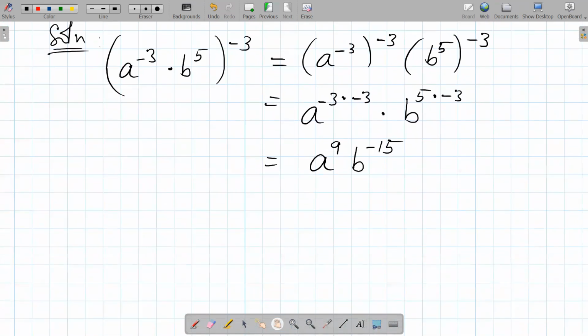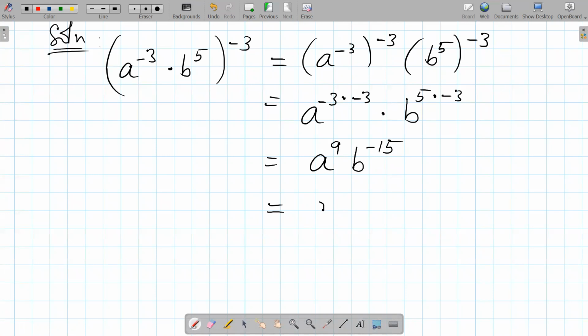But you're not done yet. Remember that we do not want negative exponents. When you have a negative exponent, you have to change it to what? A positive exponent. And that means that you're going to change the position of that particular exponential expression. Now, in this particular case, we have b to the negative 15. For me to change it to b to a positive 15, it will have to move from the numerator to the denominator.